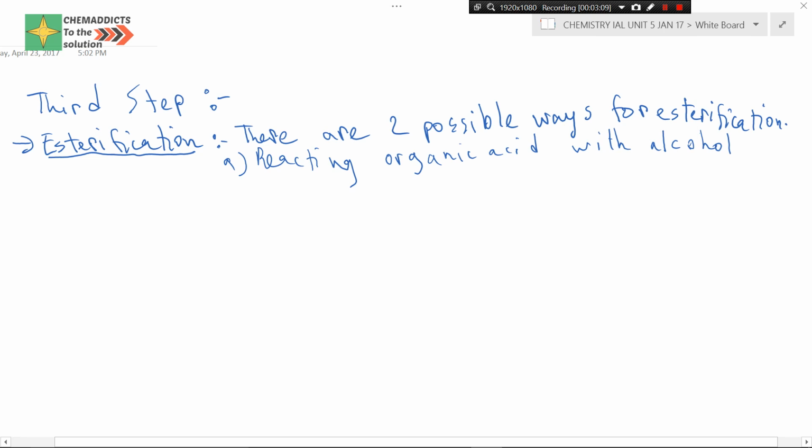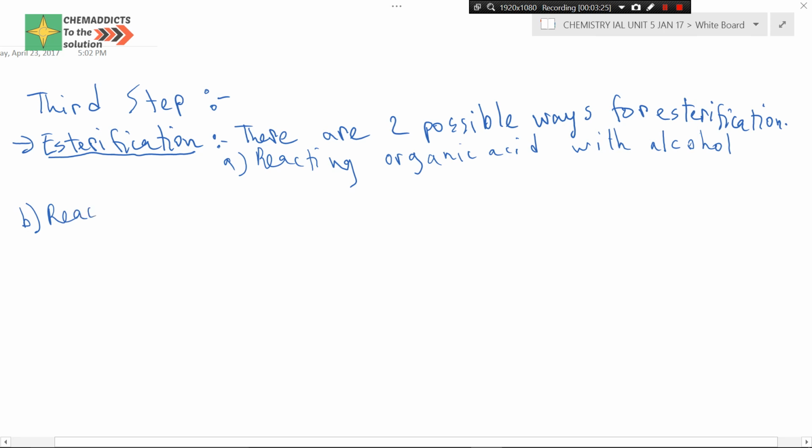Now it's right. So in the first way we reacted an organic acid with alcohol, benzoic acid with phenyl methanol.